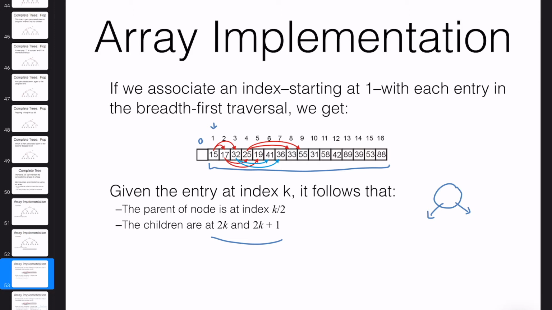We don't have a class for node anymore. All I have is just an array. So how do you know, for example, if I am looking at the node 58, what are going to be the children of this node, and what is going to be the parent of this node?